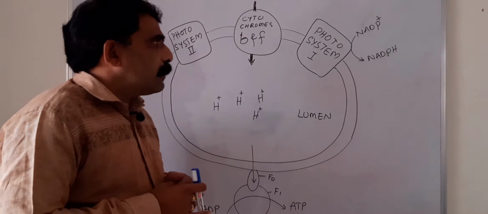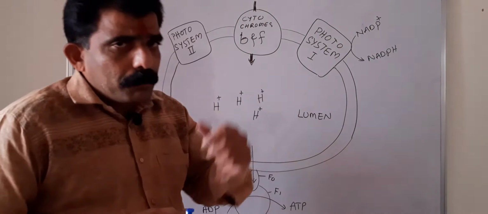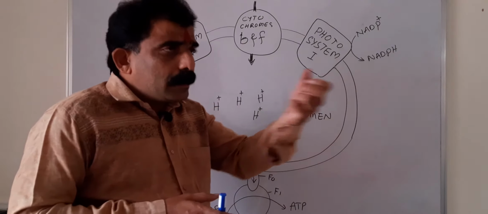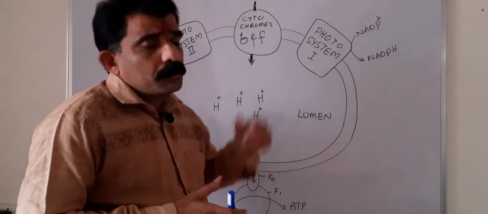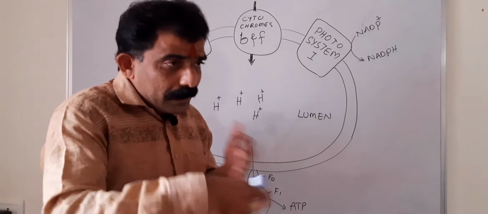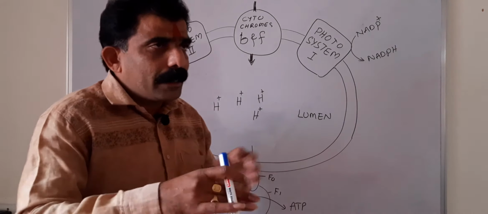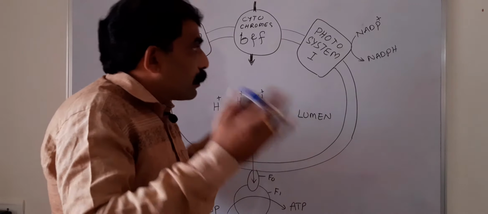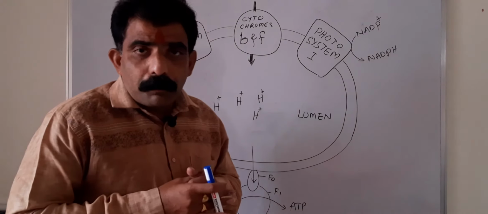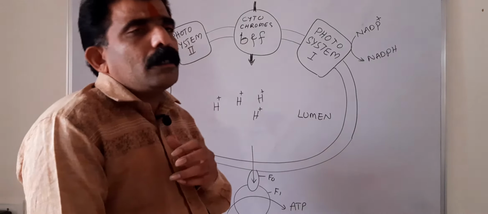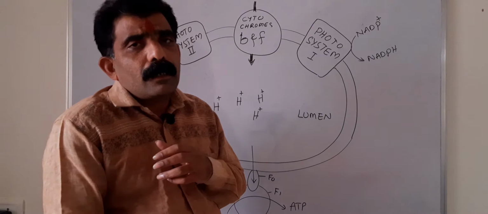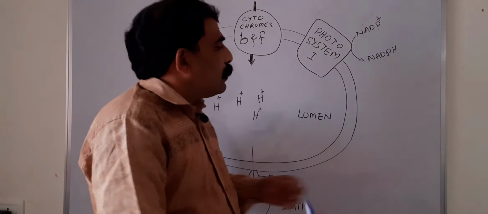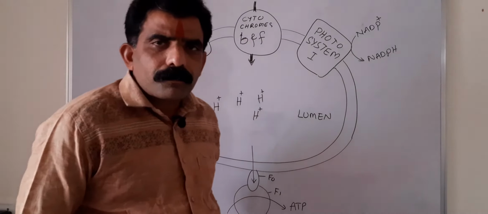What happens here? NADP plus, which is in an oxidized state, receives electrons from PS1. The electrons excited in the P700 are ejected and transferred to the NADP. It not only receives the electrons from P700 but also removes protons from the stroma.